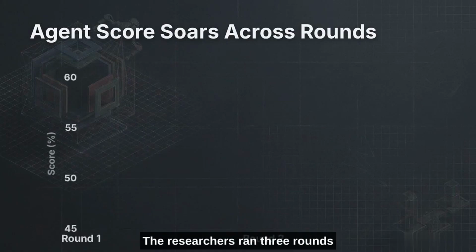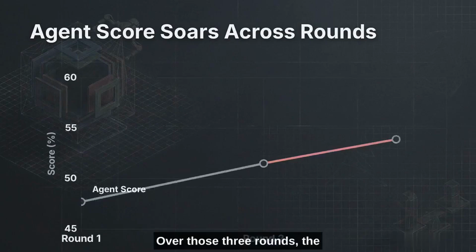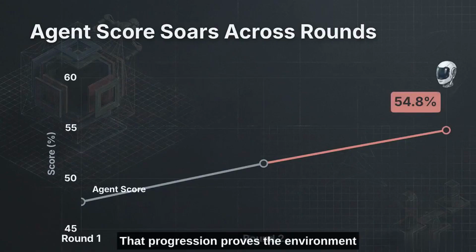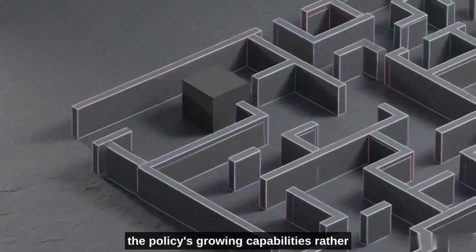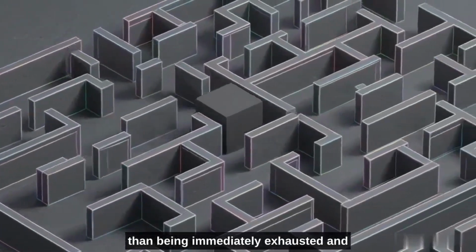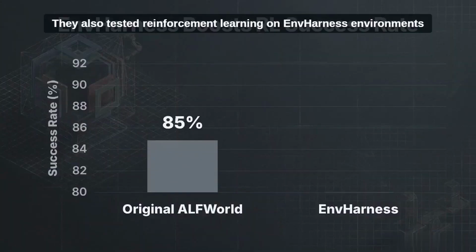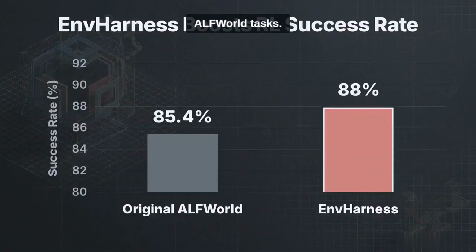The researchers ran 3 rounds of this coevolution on SWE-bench verified. Over those 3 rounds, the agent score moved from 47.7 to 54.8. That progression proves the environment can actually keep pace with the policy's growing capabilities, rather than being immediately exhausted and left behind. They also tested reinforcement learning on EnvHarness environments against reinforcement learning run on the original unmodified AlfWorld tasks.